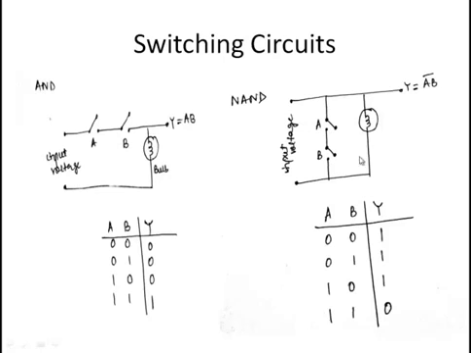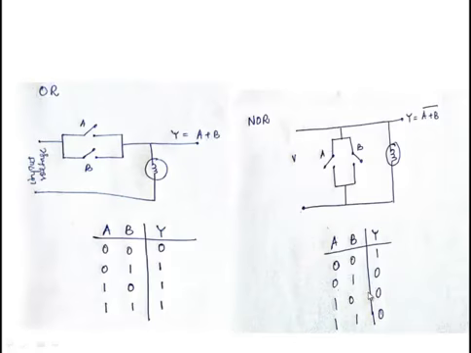This is the truth table that you can easily compare here, and you can see the results here. Next, I have again drawn some switching circuits of OR and NOR gate. You can see from the truth table, and you can just grasp the concepts of the switch.